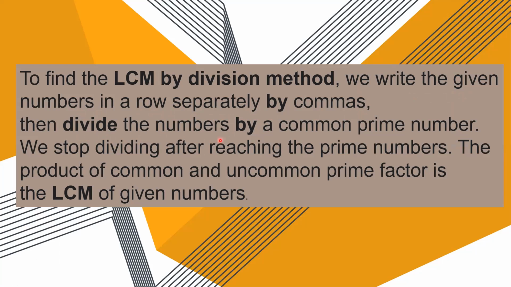Then divide the numbers by a common prime number. We stop dividing after reaching prime numbers. And the product of the common and uncommon prime factors is the LCM of the given numbers. Okay?